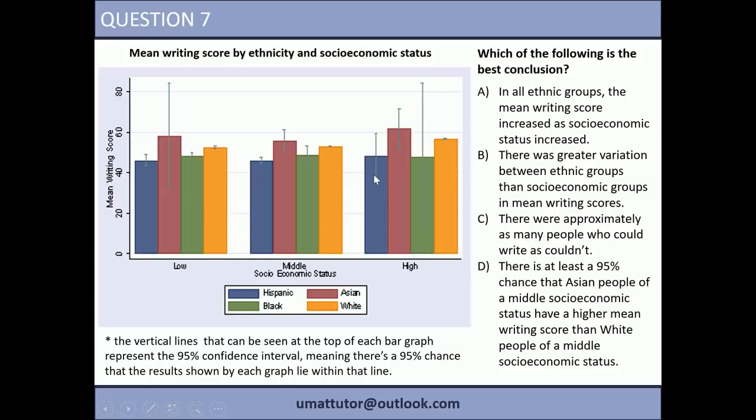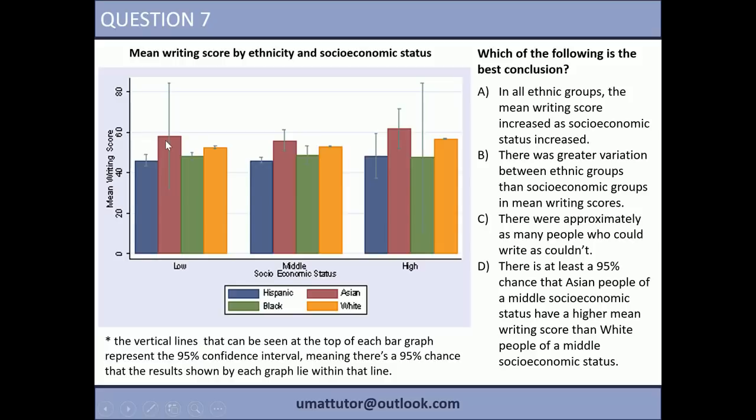In other words, the Hispanic group remains the same across all socioeconomic statuses. Likewise, the Asian group doesn't change too much. Maybe a difference of about 5, maybe a maximum of 10 between these two. The black group, likewise, very similar, and the white group, very similar. So the biggest change we can see with respect to within ethnic groups is maybe the Asian group here, where the jump from middle to high is about 5 to 10, based on the mean writing score here.